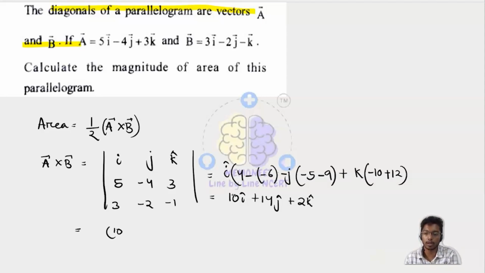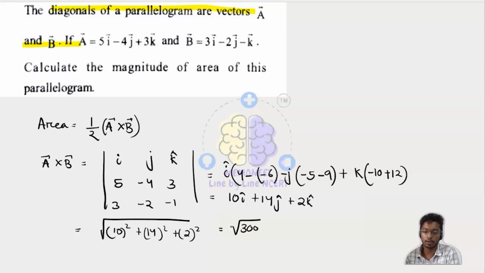It is 10 square plus 14 square plus 2 square under root, equal to under root 300, which is equal to 10 under root 3. So the area of the parallelogram will be half of a cross b, that is half of 10 under root 3, that is equal to 5 under root 3. That is the answer.